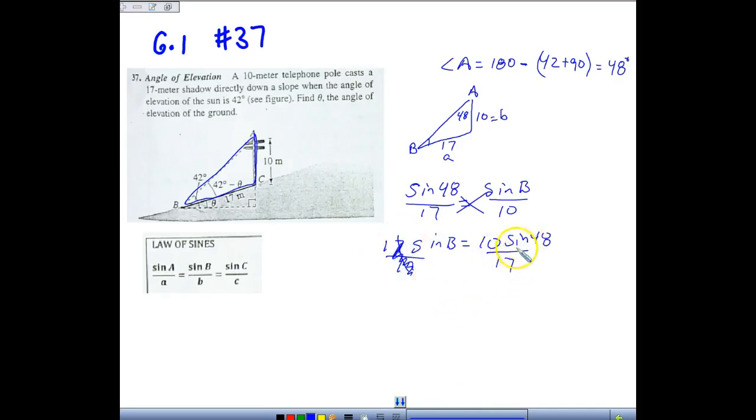Now if I plug this into a calculator, I get that sine of B is equal to 0.4371. I did that calculation earlier. In order to extract B, after all, I'm not looking for the sine of B, I'm looking for the angle B, I have to do sine inverse of 0.4371.